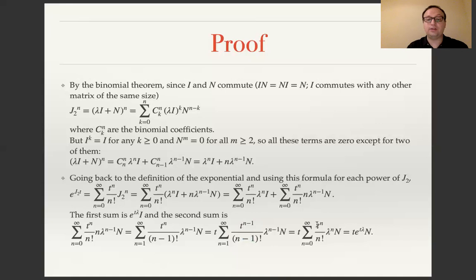So we have t to the n over n factorial times lambda to the n times N. But this sum is nothing but the exponential of t times lambda. So this is the power series that defines the exponential for numbers. And t to the n times lambda to the n is t times lambda to the n. So we have t times the exponential of t times lambda times capital N.